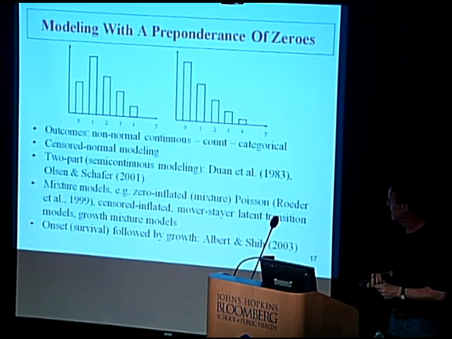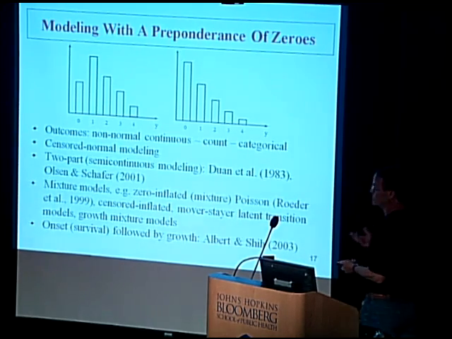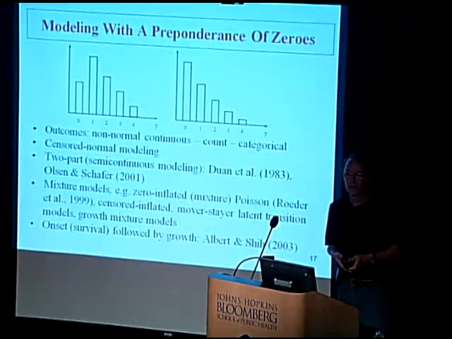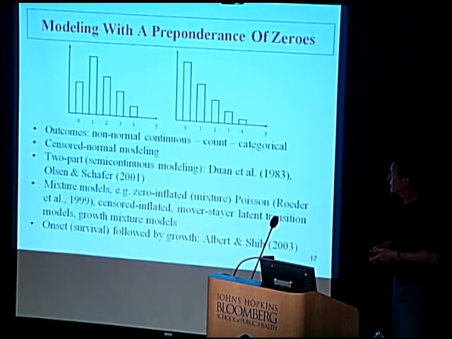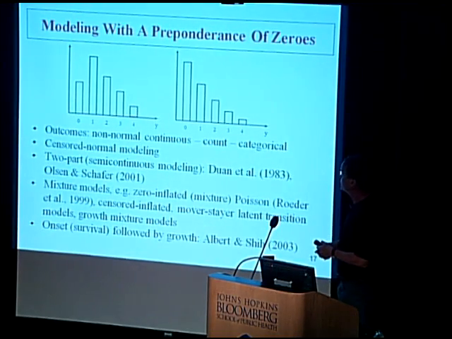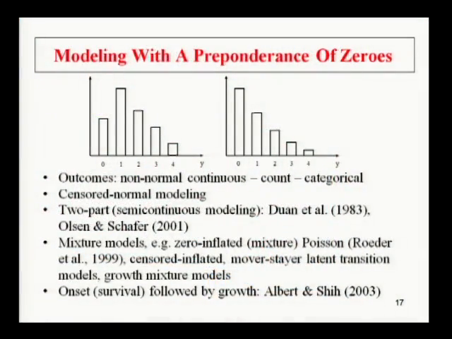And we're going to focus on non-normal data, and we're going to make a distinction between two cases, the one on the left and the one on the right. So on the left, we have 5 different categories. It could be a so-called Likert scale, scored from 0 to 4 or 1 through 5. And it looks a little non-normal.